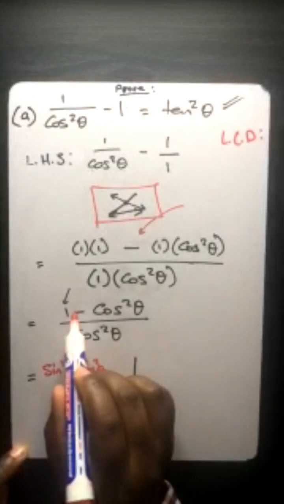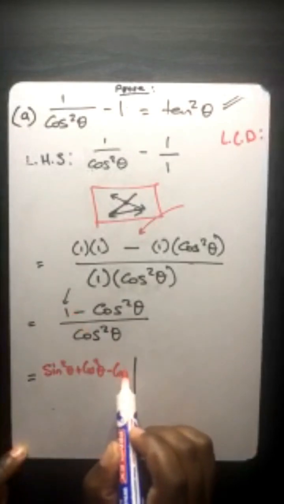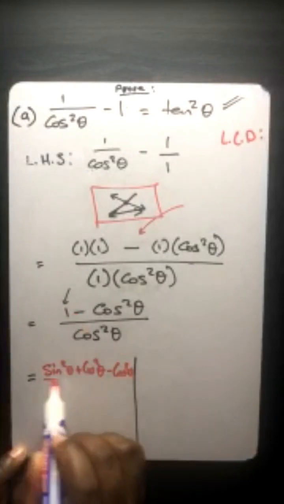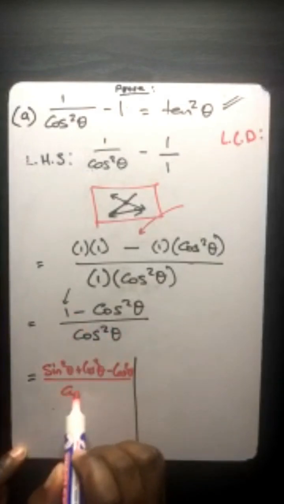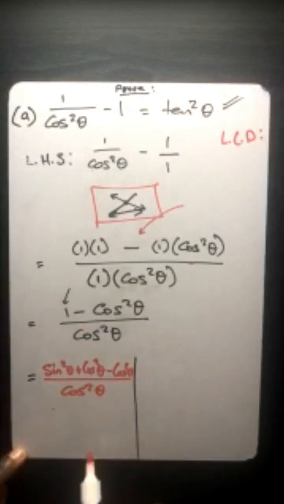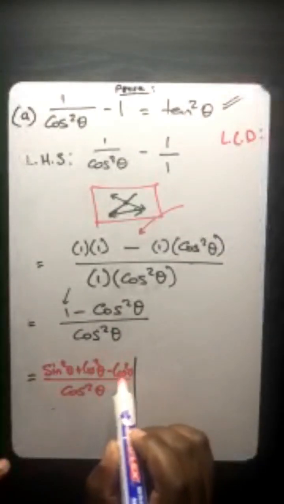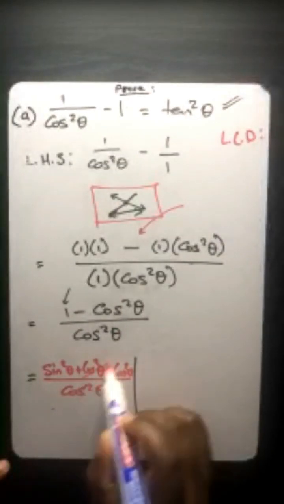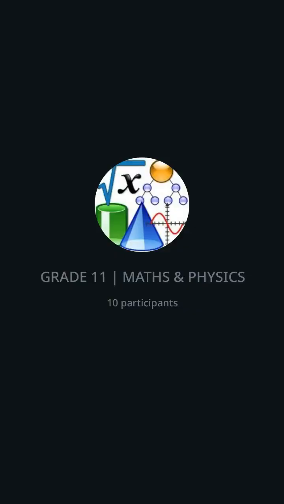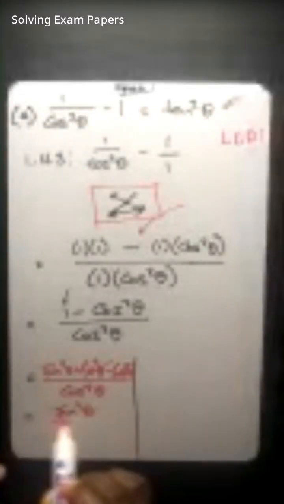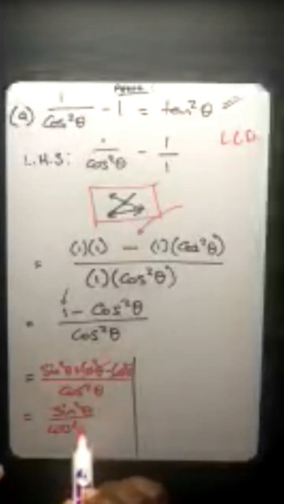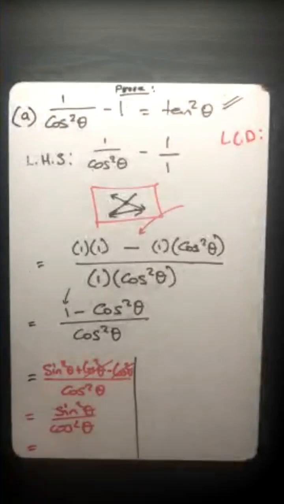But can you see, I still have minus cos squared theta there. The whole of that is divided by cos squared theta. So can you see, it's more like cos squared theta minus cos squared theta. So those two cancel, and you remain with sine squared theta over cos squared theta.